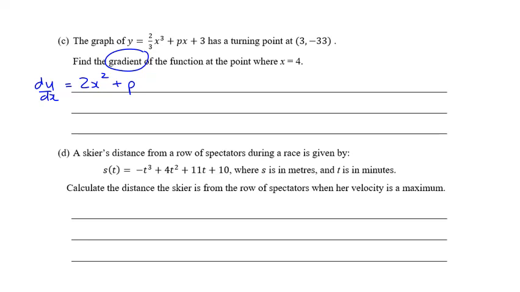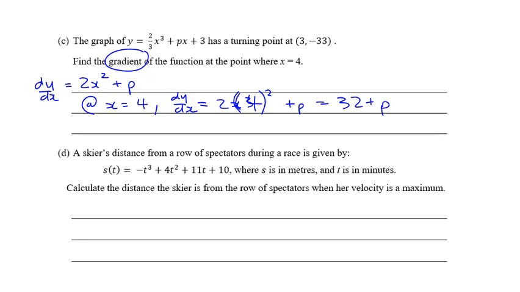So at x equals 4, dy by dx is 2 lots of 4 squared plus p. So 4 squared is 16, times 2 is 32. So that's 32 plus p.